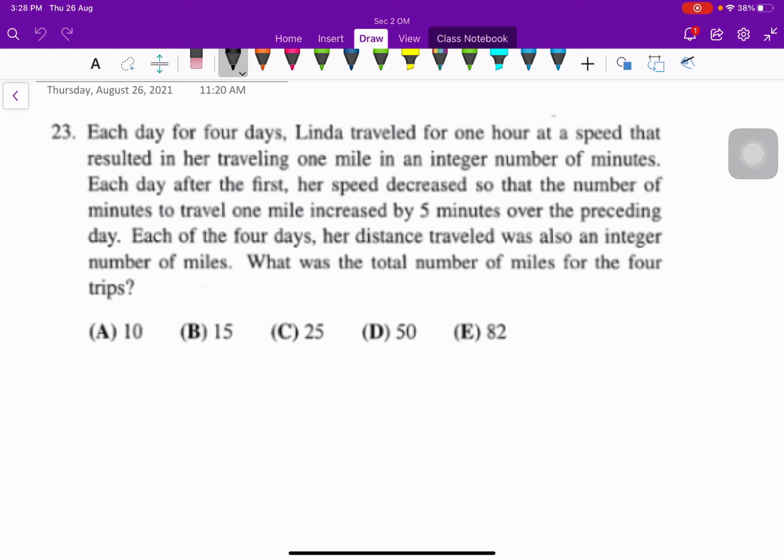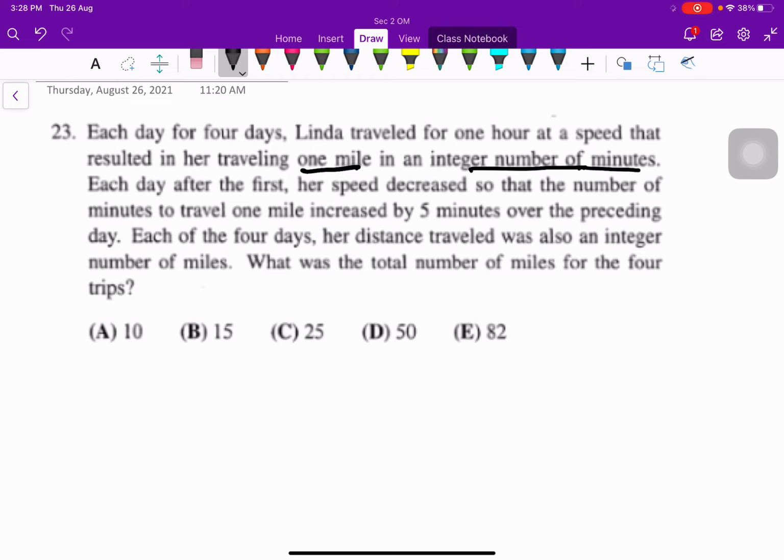Okay, let's look at 23. This question is quite interesting actually. Each day for 4 days, Linda traveled for 1 hour at a speed that resulted in her traveling 1 mile in an integer number of minutes.